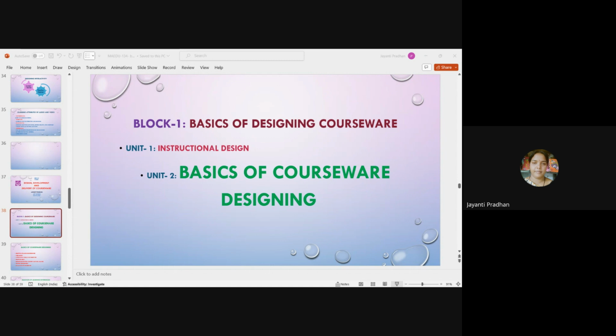Then comes program evaluation and revision. If we find that some changes are required, that it is not satisfying the need of the students or learners, then we can modify the things. That way it also helps the learners.